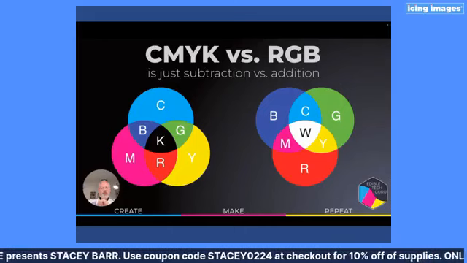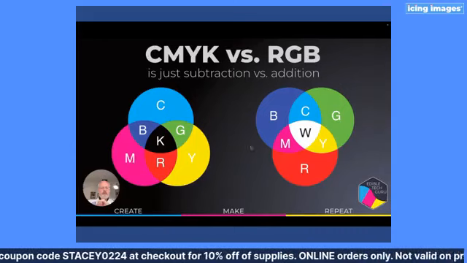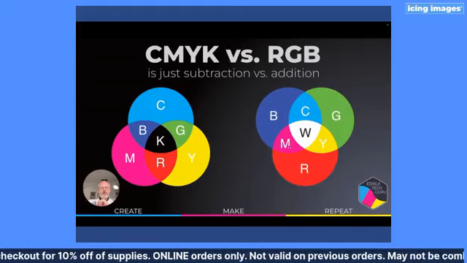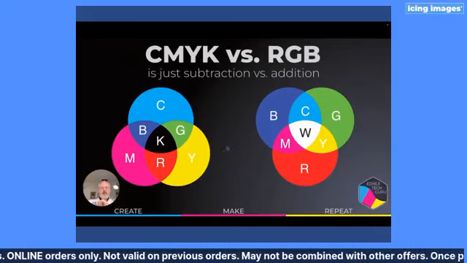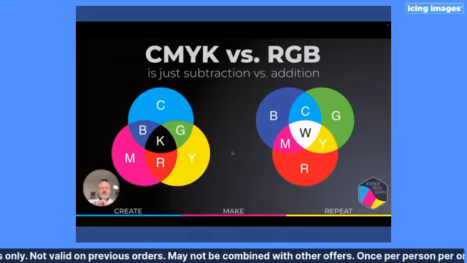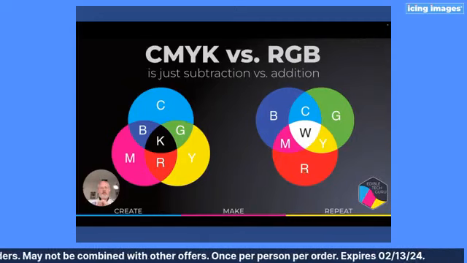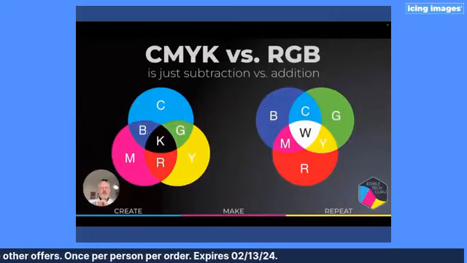Your magenta, which is your primary over here in CMYK or subtractive, is one of your secondary colors over here. And the same goes with cyan and yellow. And then the opposite, where your primary red becomes a secondary. Your primary blue becomes a secondary. Your primary green becomes a secondary.